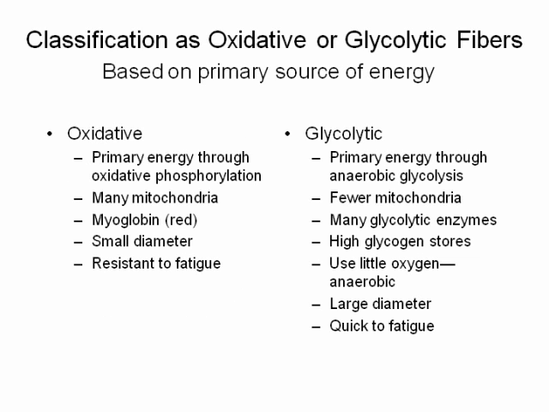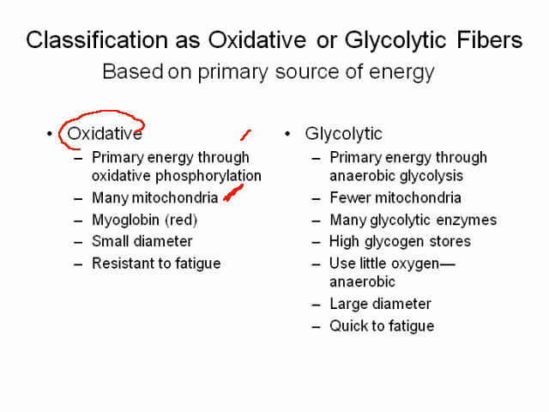Now we're trying to bring it all together in terms of these classifications. So if we're classifying based on primary source of energy, we have either oxidative or glycolytic fibers. That is oxidative phosphorylation or anaerobic glycolysis. Oxidative fibers, the primary energy is through oxidative phosphorylation.